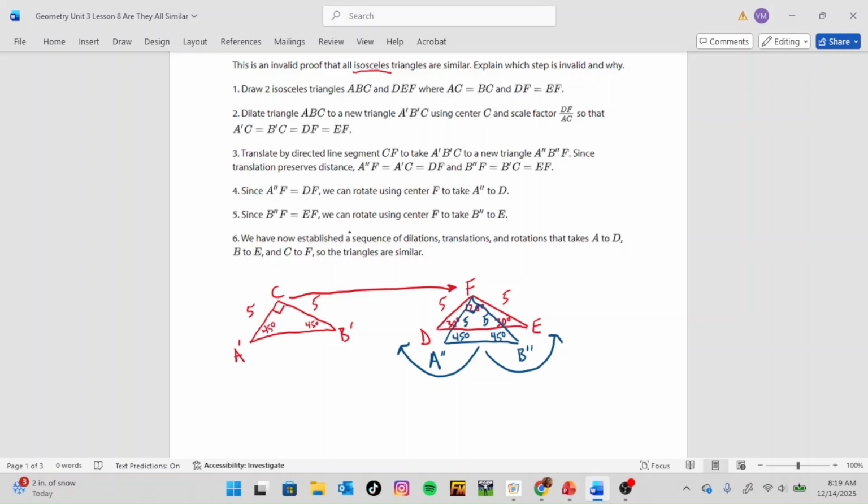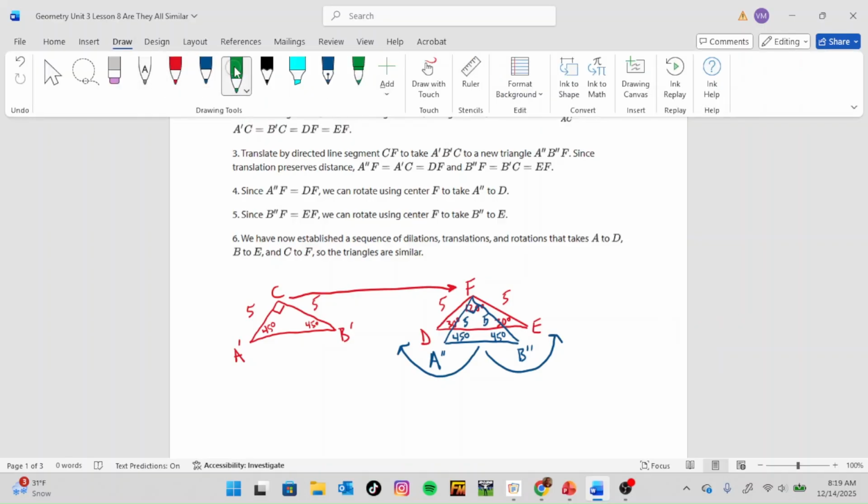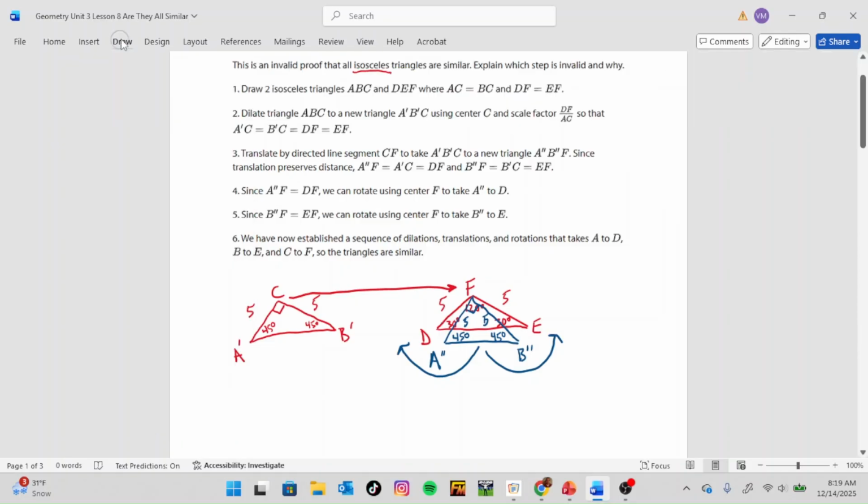And we can do that, but notice what happens. Even though our left side and our right side of both triangles is 5, the angles are different. That means that DE is not the same length as A double prime, B double prime.